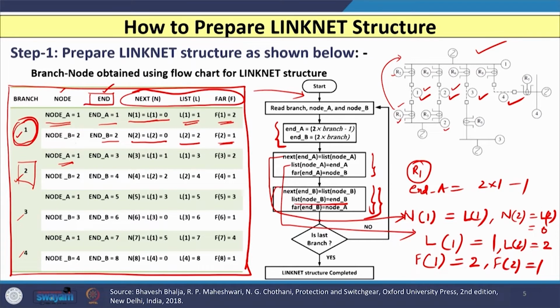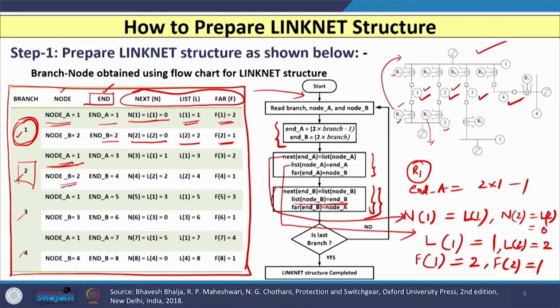Similarly, when I consider the second branch, third branch and fourth branch. Let us say the second branch, so my branch is equal to 2. As I told you, for branch 2, 2 relays are there, R3 and R4, and the lowest relay number is R3, and opposite to that relay bus is node A. So, node A is equal to 1, and node B is equal to 2, because branch 2 is connected between 1 and 2.